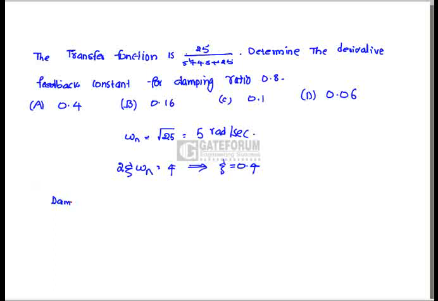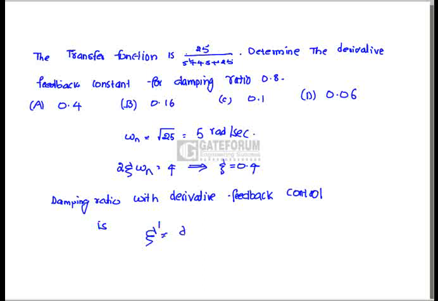Damping ratio with derivative feedback control, zeta dash, equals zeta plus natural frequency omega n times derivative feedback constant kt divided by 2.